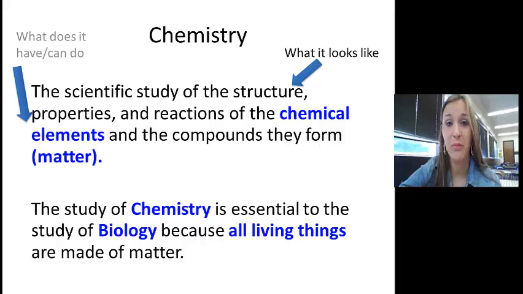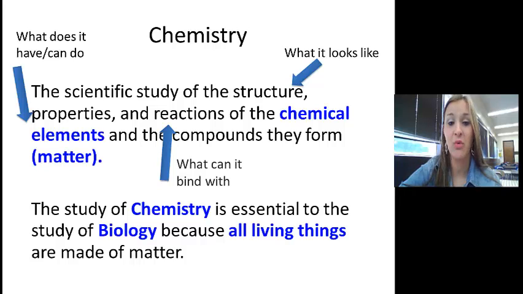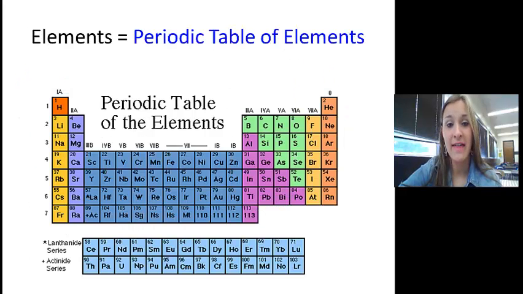We're going to be looking at the properties of molecules, what it can do, or what does it have, and the reactions, which are what can it bind with. So for example, you might think of water, H2O, has hydrogen and oxygen, and they can bond together to form a water molecule.